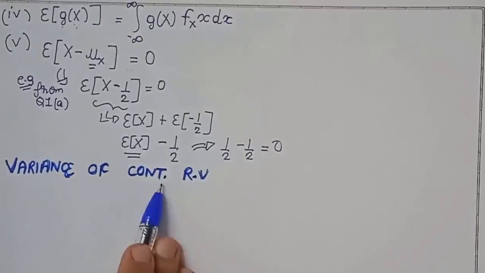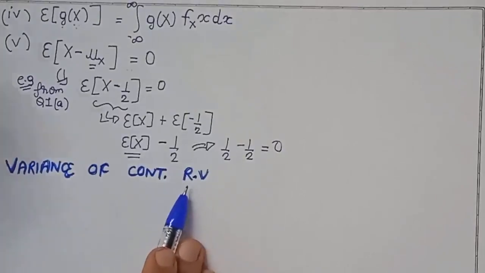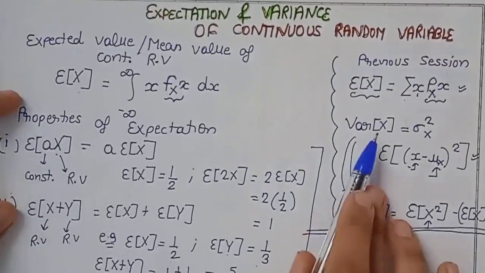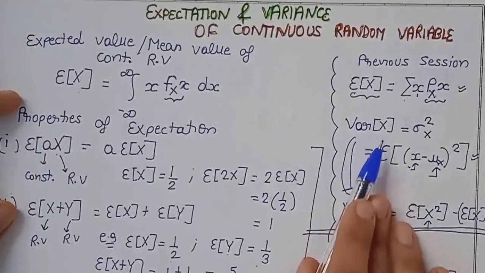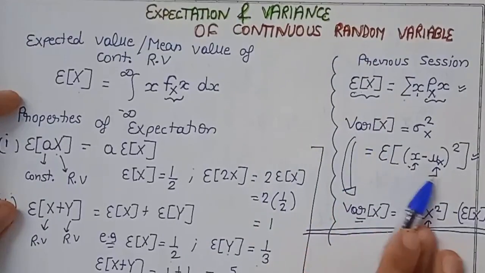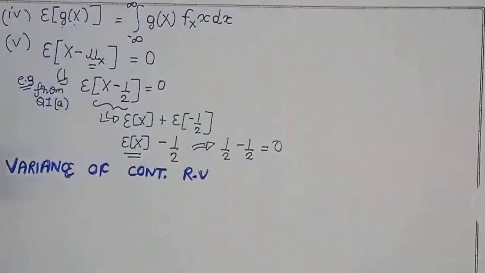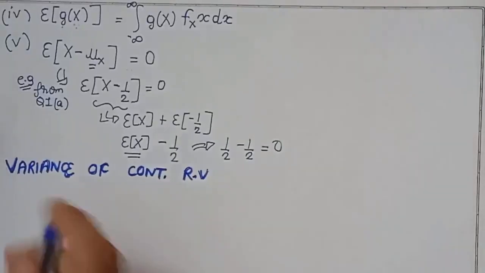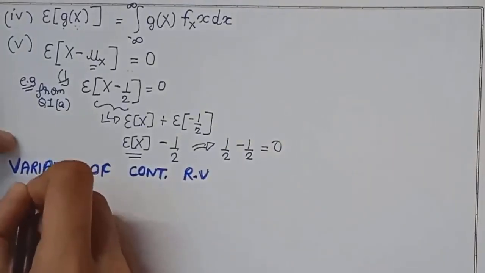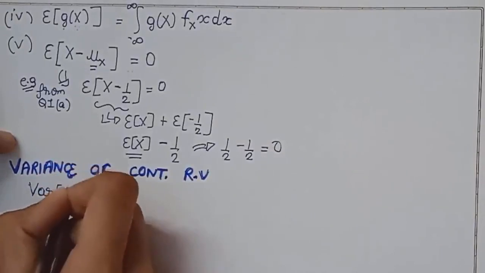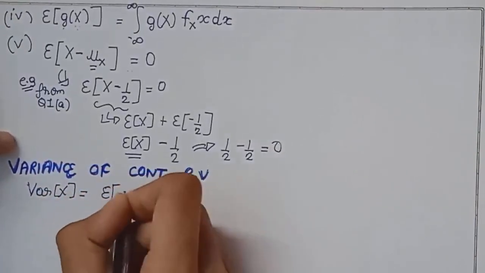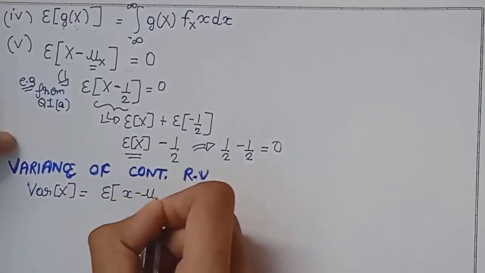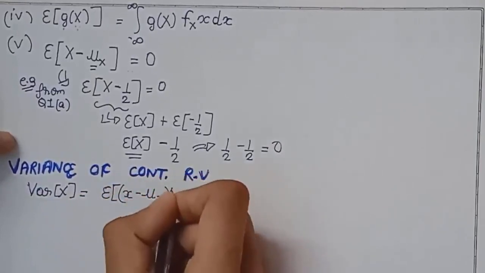Variance of continuous random variable. So in case of discrete random variable, we have seen that variance of a discrete random variable was equal to the expectation of this expression. So similarly in the case of continuous random variable, we can write that variance of random variable x is equal to the expectation of this expression only.